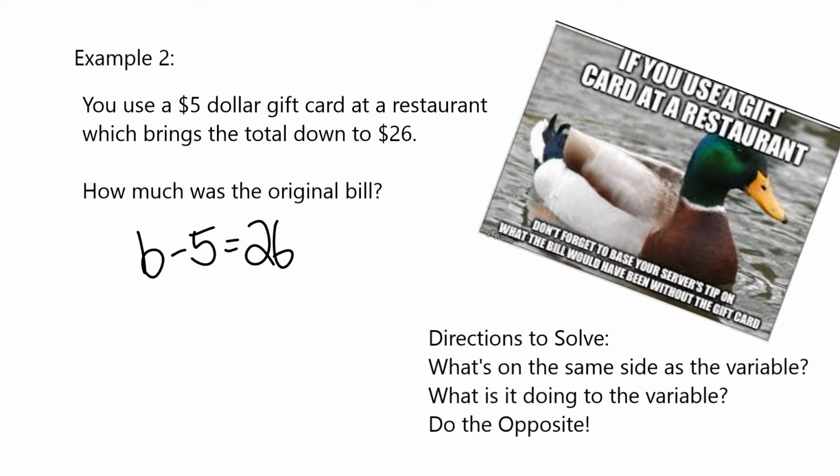What is 5 doing to the variable? Subtracting. So we must do the opposite. The opposite of subtraction is addition. B, or the original bill, is equal to $31.